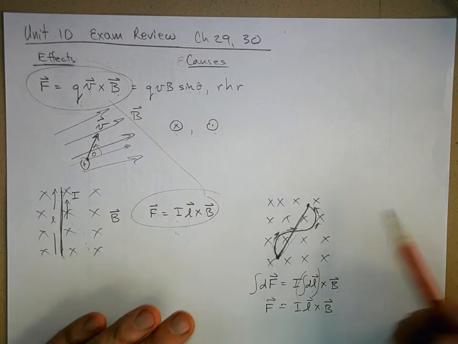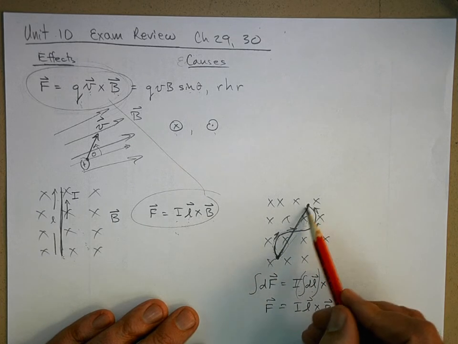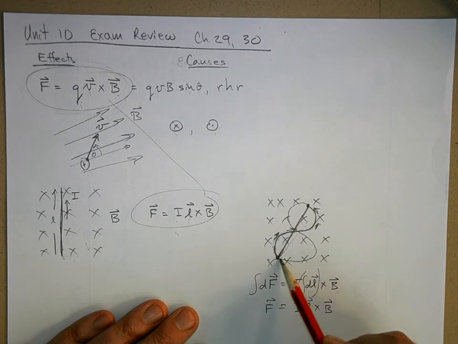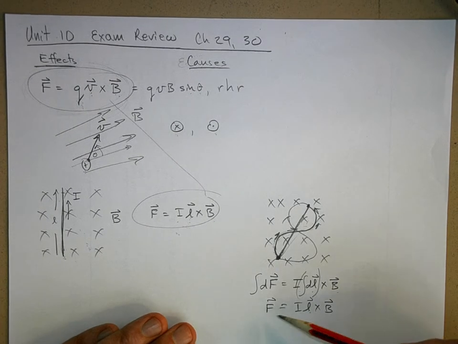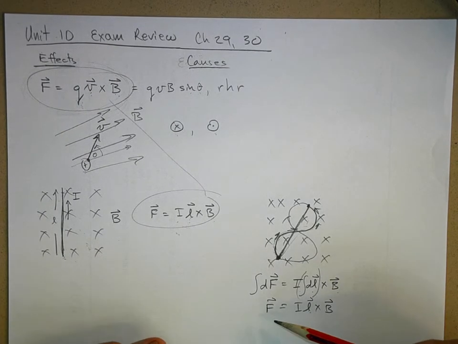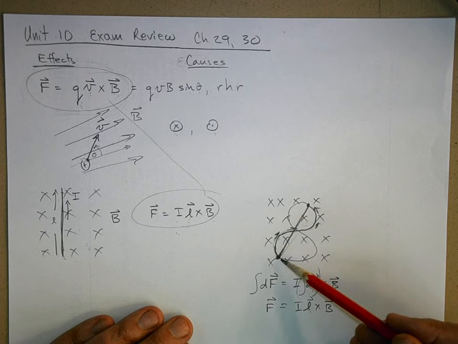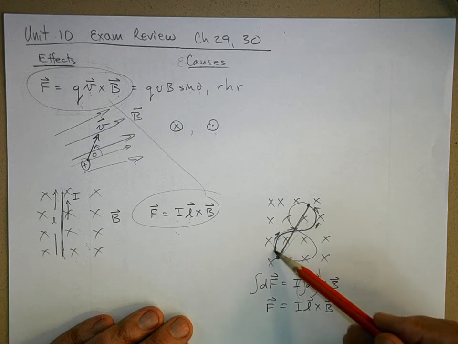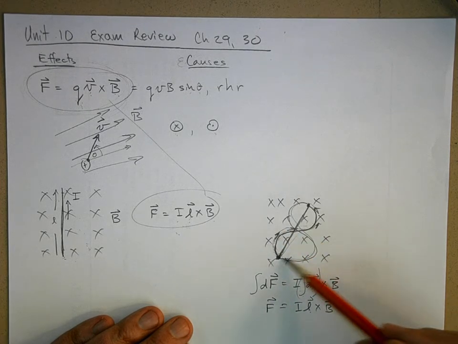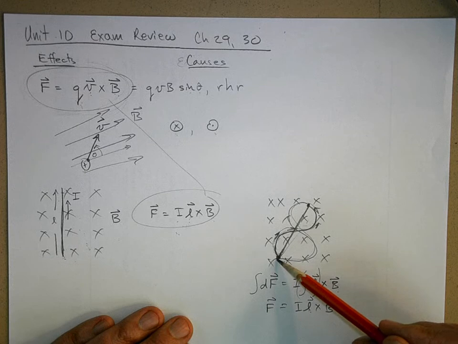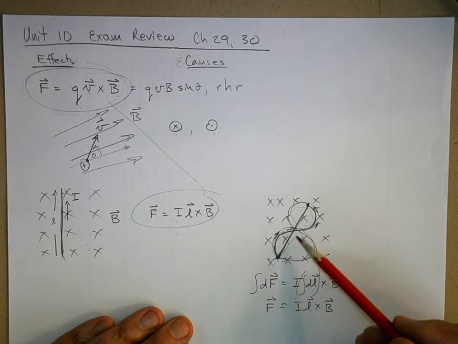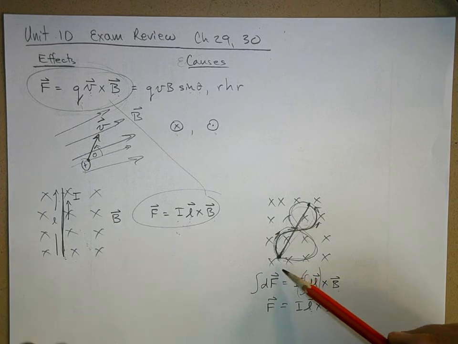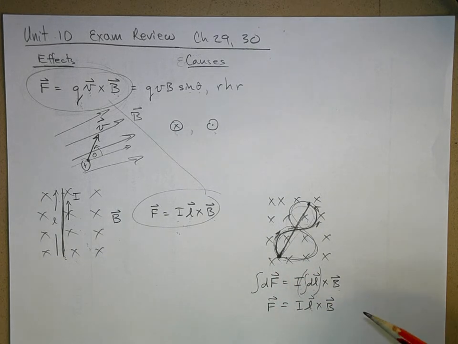Unless, of course, you wind around like this, but you come all the way back to where you started. Well, now your effective length is 0, and you'll have a net 0 force on this wire if you have a closed loop of wire. If you end up where you started with your loop of wire that has a current in it, even if I drew a figure 8 here, it doesn't really matter what you draw, that will be 0.